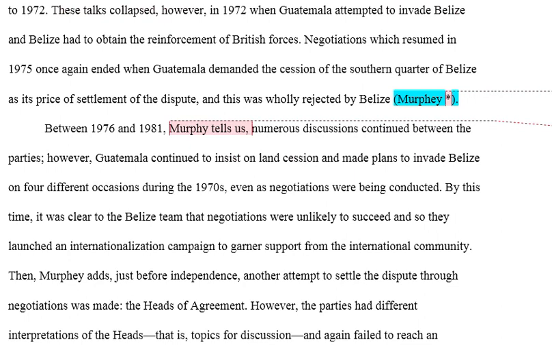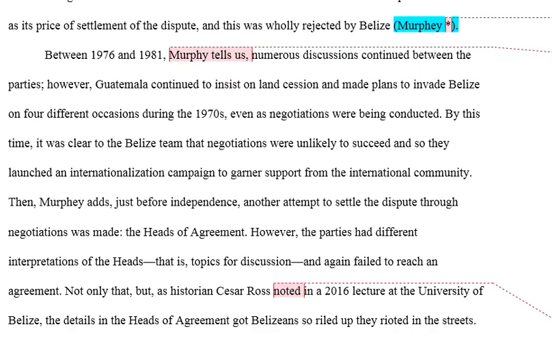Notice also that throughout the student's writing, the student varies his attributive phrases, both the wording of the attributive phrases and their location in the sentence.